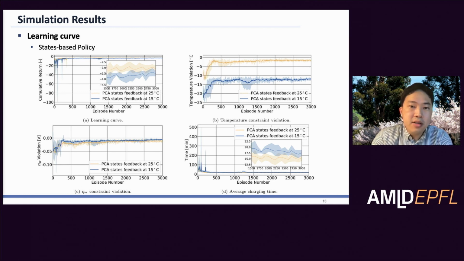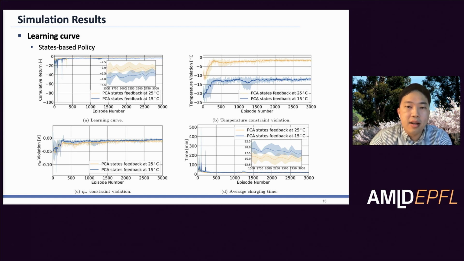After this training, we also checked whether it satisfies the constraints or not. For battery fast charging, temperature is another key impact factor, so we consider different ambient temperature cases and see whether it violates constraints or not. For the state-based policy, assume that we are able to measure internal states.